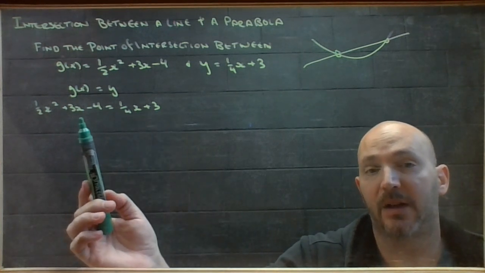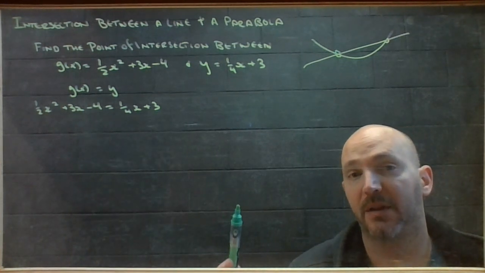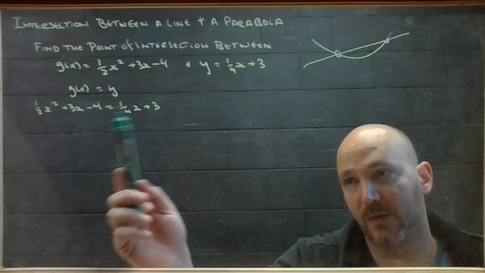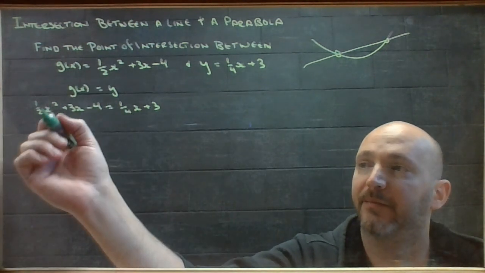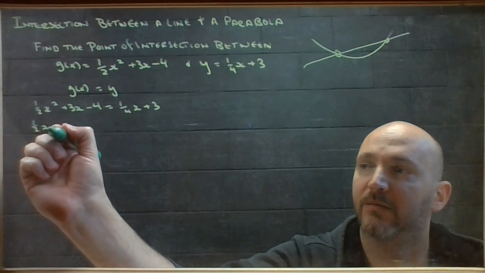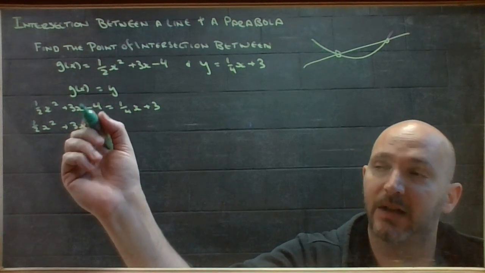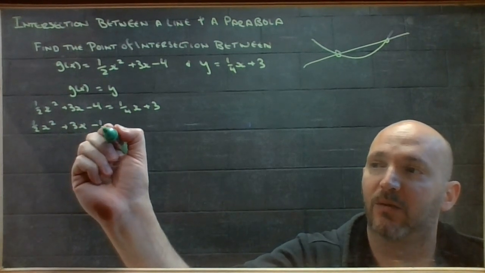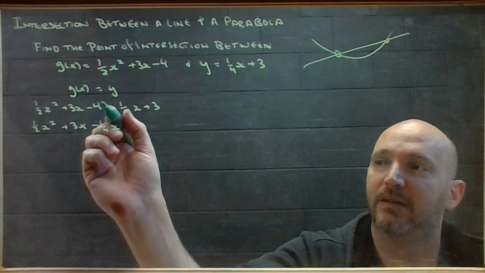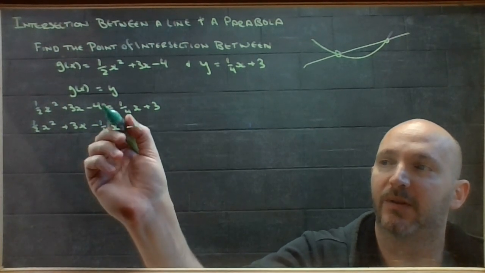I can't use the quadratic formula unless everything is gathered up on the left side, so I'm going to pull this over and this over. So 1/2 x squared was already there. 3x was already there. Subtract 1/4 of x from this side. -4 was already there.